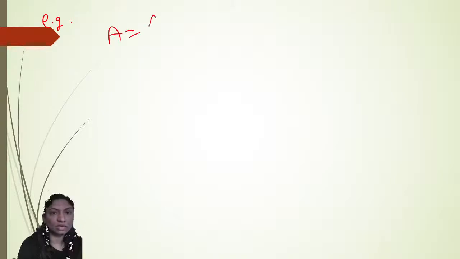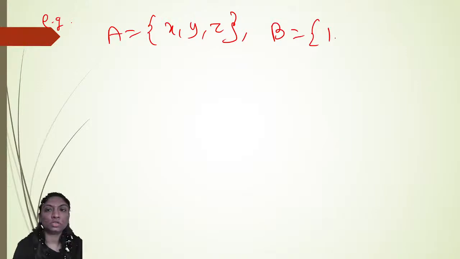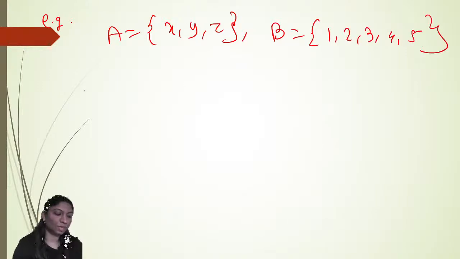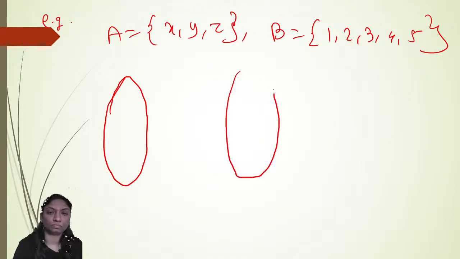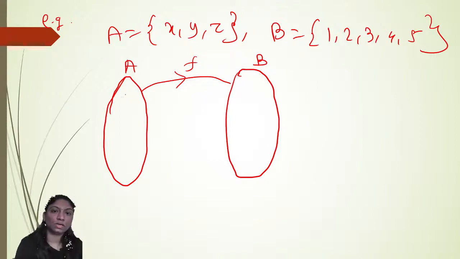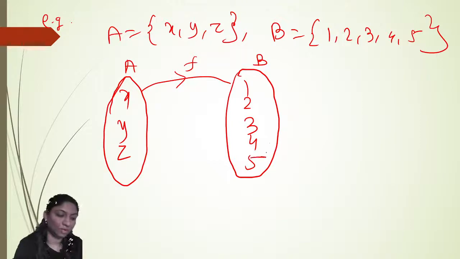Suppose here A is equal to {X, Y, Z}, right? And B is equal to {1, 2, 3, 4, 5}. So here f is defined from A to B.